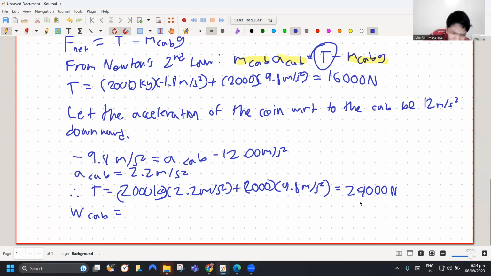Di ba po ito? Hindi. Paano ba kinocompute yung weight ng cab? We know the mass, di ba?